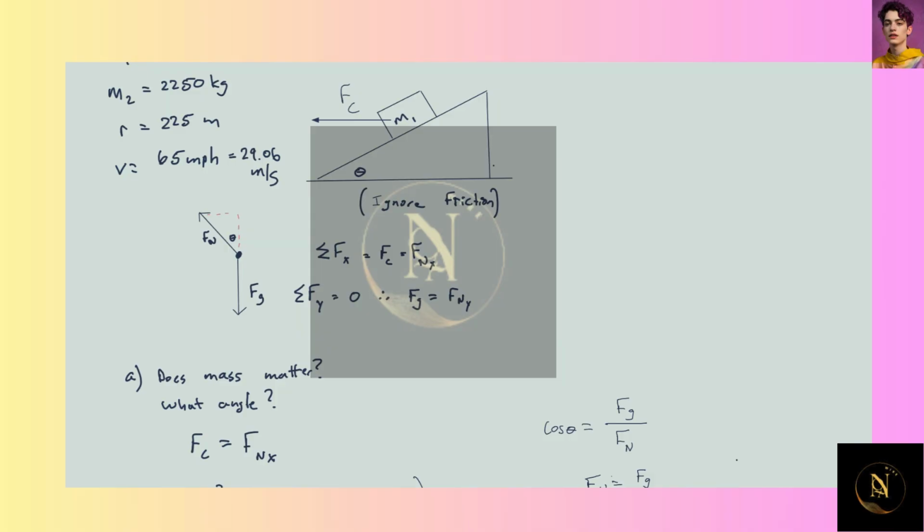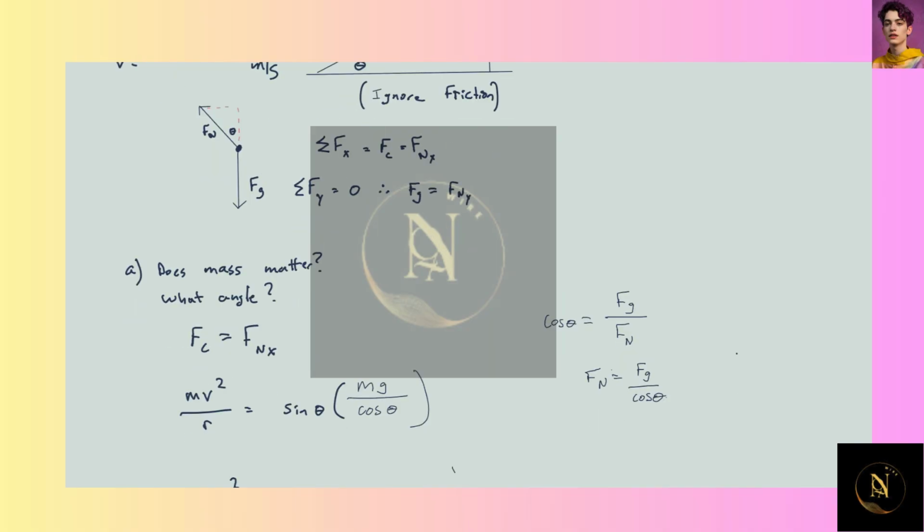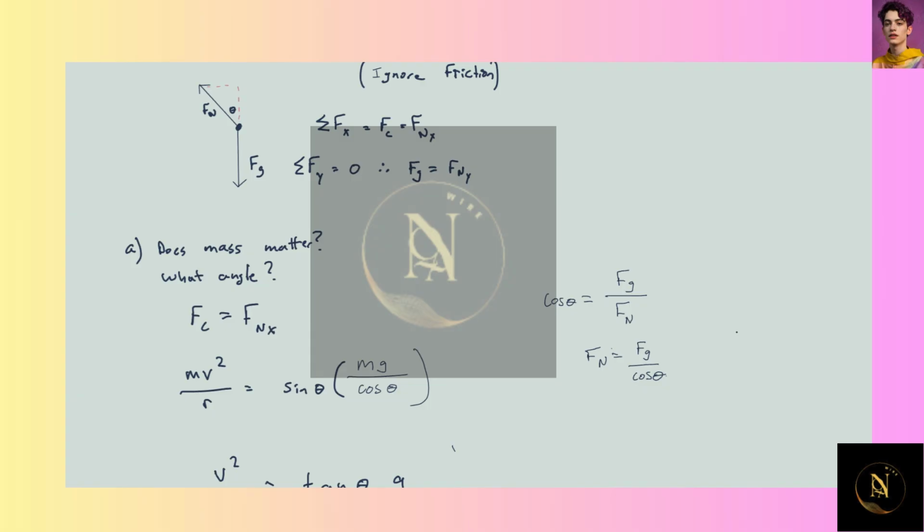So the Fg has to equal Fny. So that means that we can figure out what the total normal force vector is by using this trig function. Cosine of the angle is equal to Fg over Fn. We rearrange that to solve for Fn, then we can make this substitution in our equation over here.